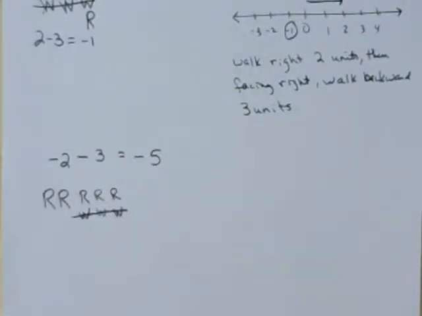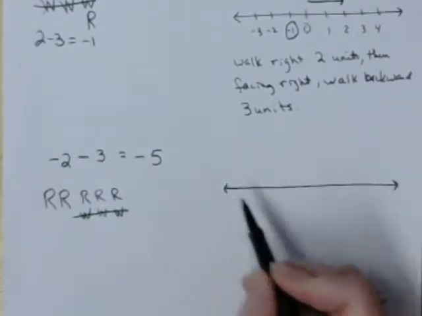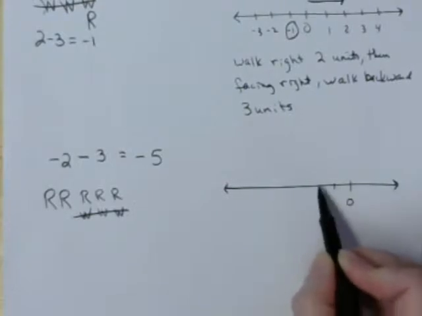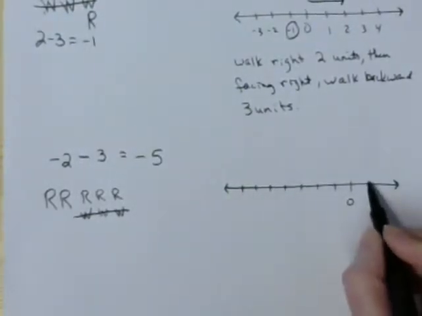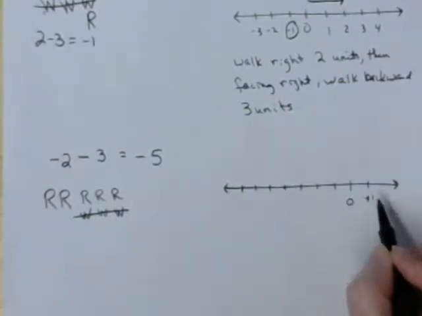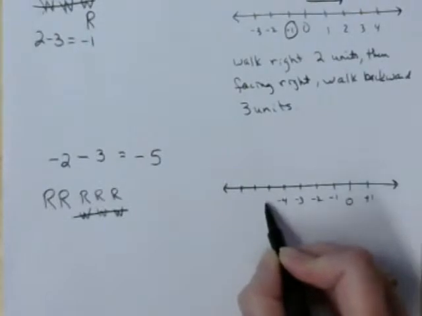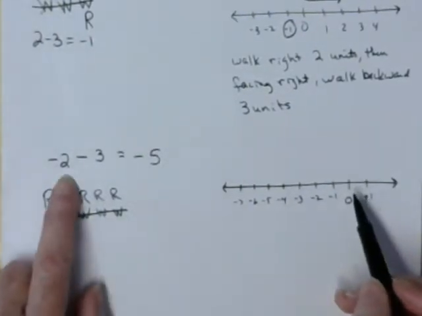All right, so what is that going to look like when I do that over here with a number line? Oops, that's a positive one. Negative 1, negative 2, negative 3. All right, so again, we're going to model our negative 2.